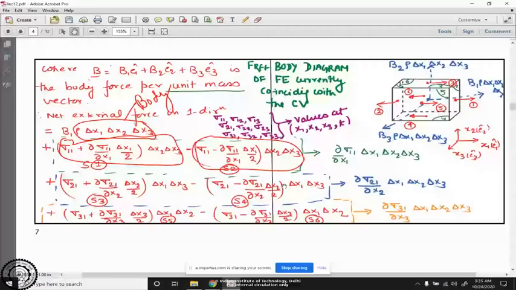I will leave this slide for a minute. Just to clarify, this is a free body diagram accounting only for forces that are acting in the E1 direction.